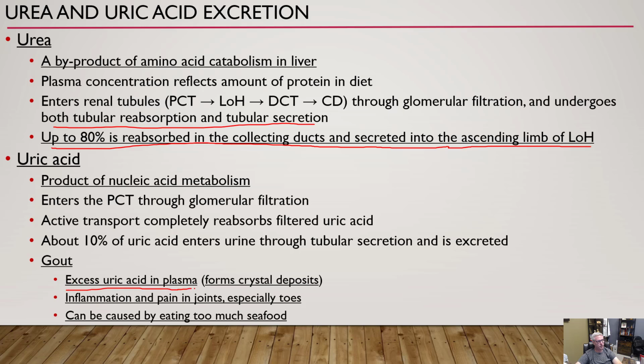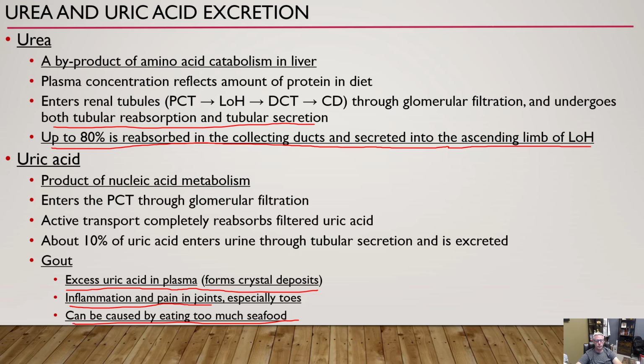It's excess uric acid in the plasma, and you'll see crystalline deposits, inflammation and pain in joints. A lot of times people will say that you have pain in your big toe. That's a common area. It also can be caused by eating too much seafood.